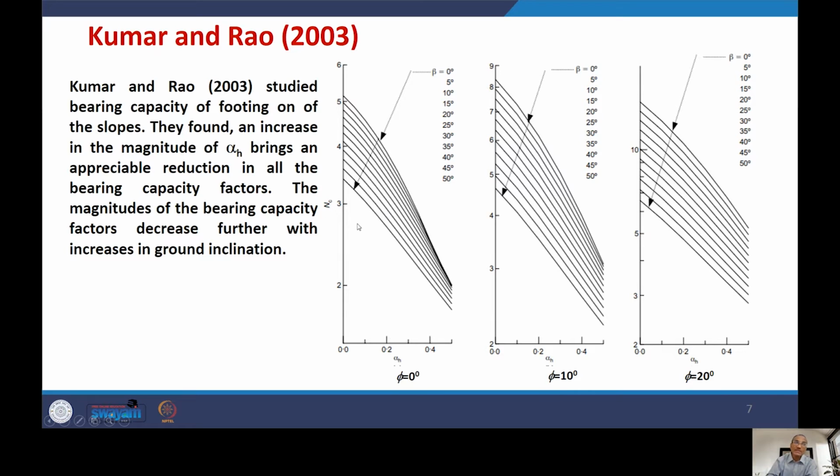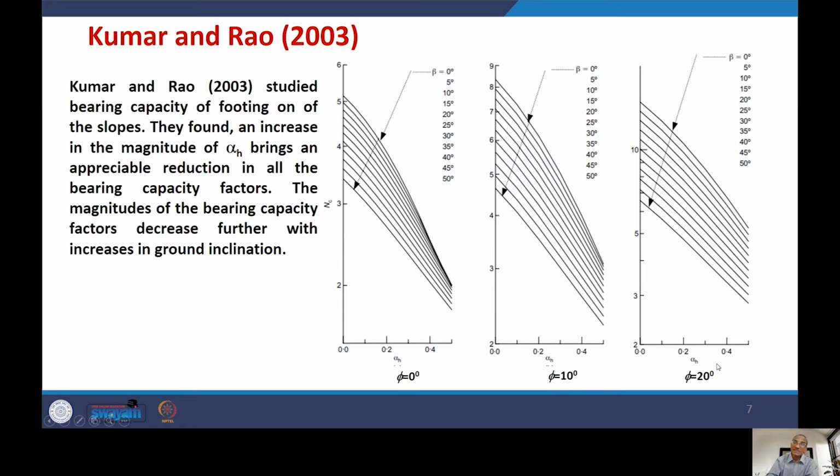Now on top of it, for a given slope angle, let's say beta equal to 0 degree, or even beta equal to 50 degree, when you increase the value of alpha h, there is quite a large reduction in the bearing capacity, and this is happening for other values of phi also. This bearing capacity factor decreases significantly as the horizontal seismic coefficient increases.